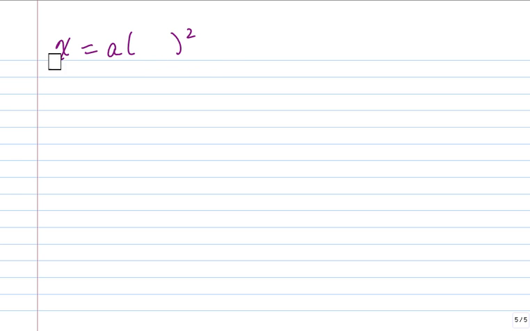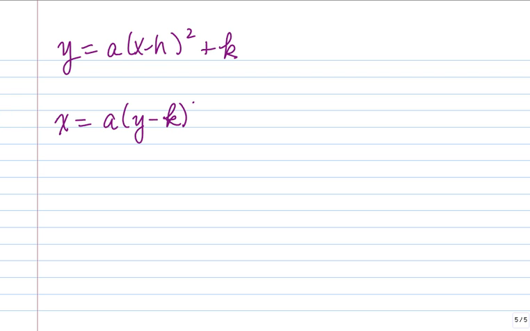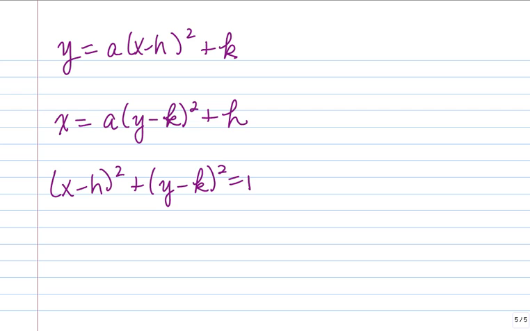Let me just start with y, since that's a function one. y is equal to a times (x minus h) squared plus k. x is equal to a times (y minus k) squared plus h. And then (x minus h) squared plus (y minus k) squared is equal to r squared.